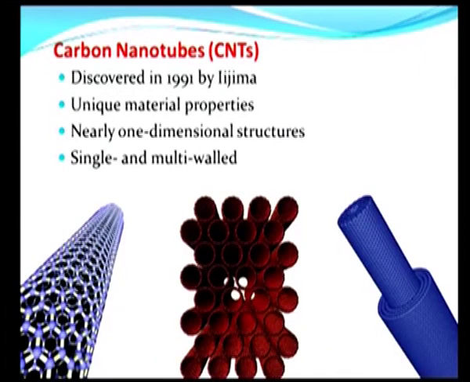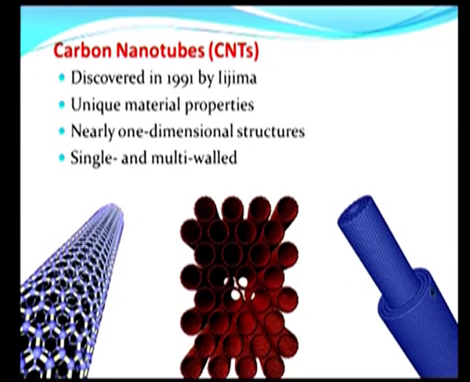Carbon nanotubes really have been much more relevant technologically speaking, and these were discovered rather soon after the buckyballs in 1991, and these have unique material properties. One can also have multi walled tubes as shown in this cartoon.